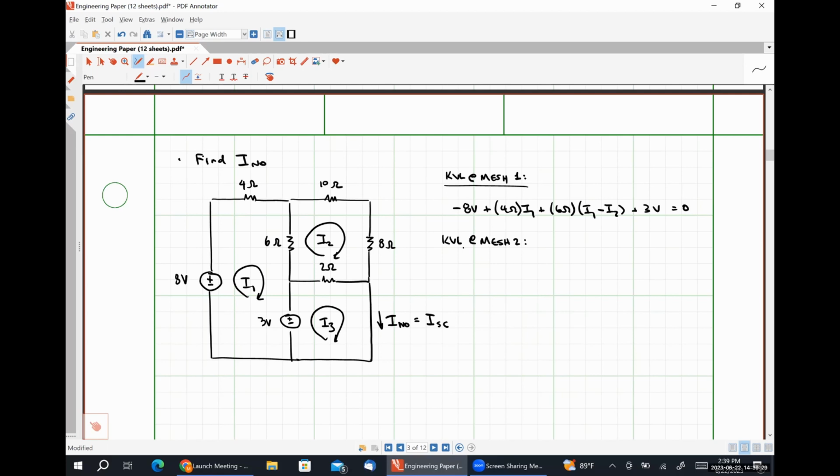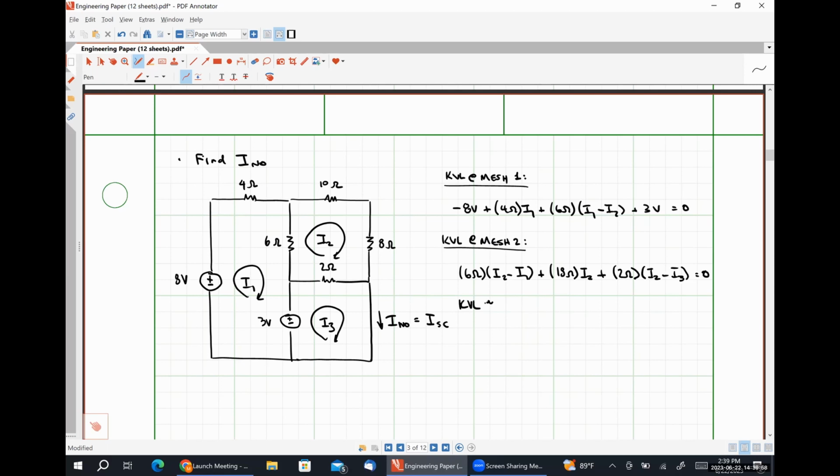For mesh 2, going to be very similar to what we had earlier. 6 ohms times I2 minus I1 plus, I'm going to put that 10 ohm and that 8 ohm resistor together because they're just in series, 18 ohms times I2 plus 2 ohms times I2 minus I3 is equal to 0.